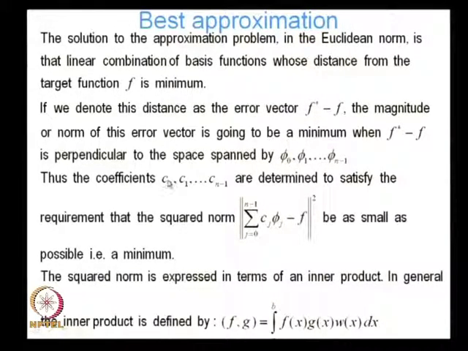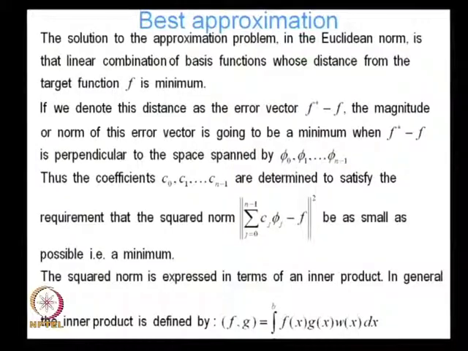Thus, the coefficients C0, C1 through Cn minus 1 are determined to satisfy the requirement that this Euclidean norm, sigma Cj phi j, which is what I construct as f star, sigma Cj phi j minus f, the norm of that squared, has got to have the smallest possible value.